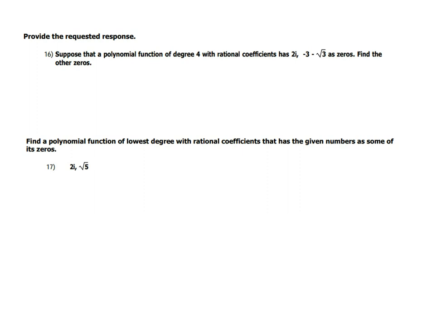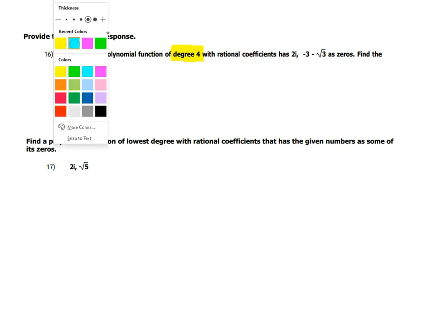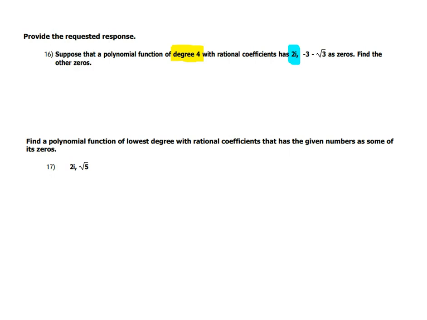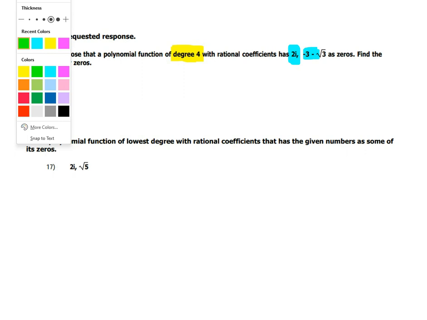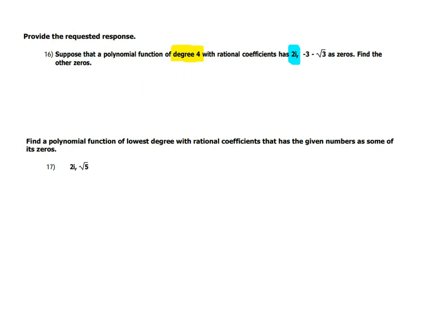And 16 says, suppose that a polynomial function of degree 4 with rational coefficients has 2i and -3 minus the square root of 3 as zeros. Find the other zeros. Okay, since it's degree 4, I can have no more than 4 zeros. And I've already got one right here and a second one here.